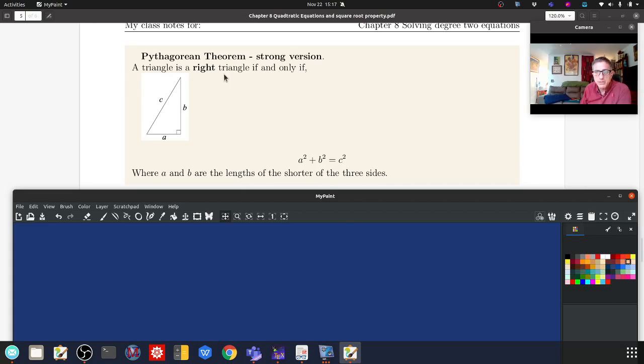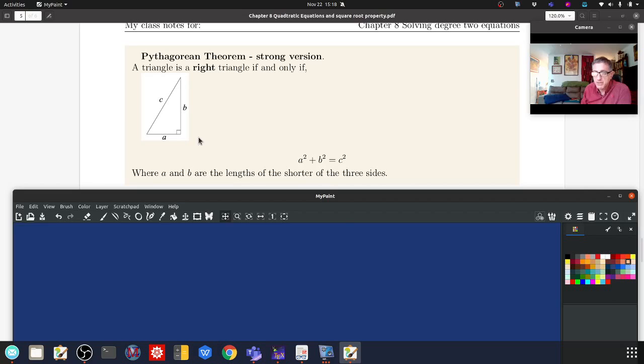But a triangle is a right triangle if and only if, and just ignore this little, we denote a triangle as a right triangle by putting that little square right there in the corner, in which case the a and the b are the legs, the sides adjacent to the vertex, which is 90 degrees, and the side opposite the 90 degree angle is c, called the hypotenuse.